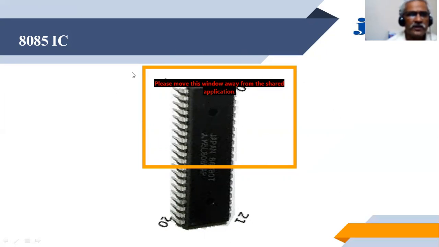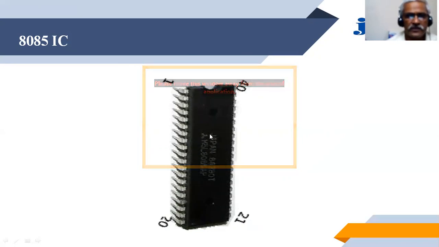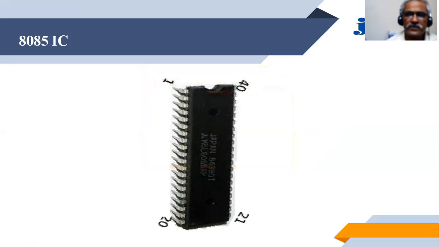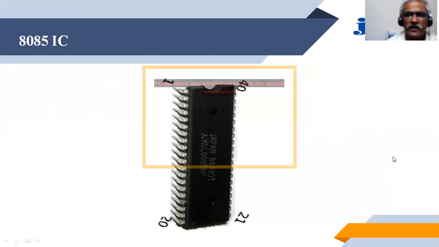So in all, there are 40 pins on the 8085 external periphery, but internally these pins are connected to different operational blocks or functional blocks. Let us see what these different blocks are one by one.